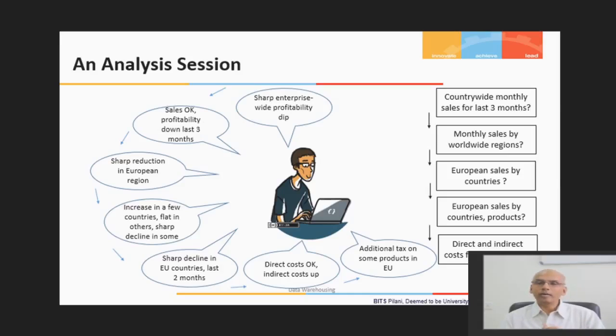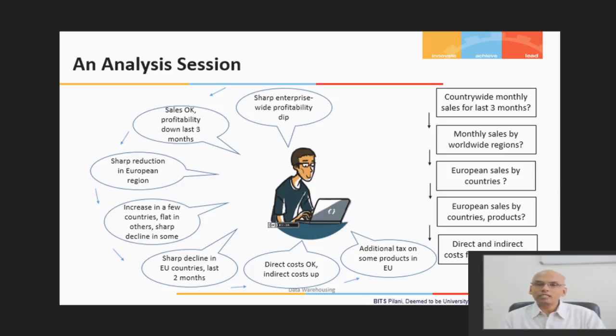And then they look into the European Union and analyze why the profit is low there. They realize that the direct costs have not changed, but the indirect costs have increased, because of which, since the sale price is not changed, the profit has reduced. Then they look at what element is contributing to the indirect costs.